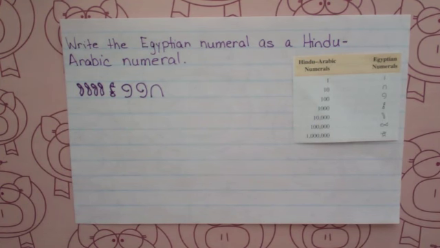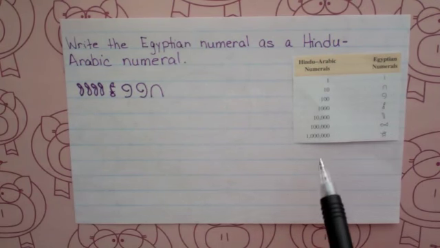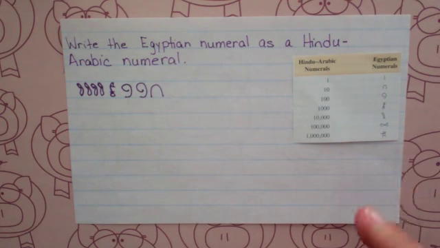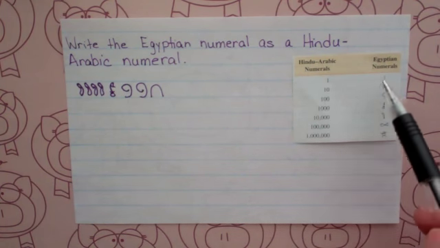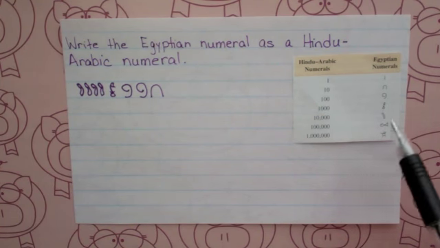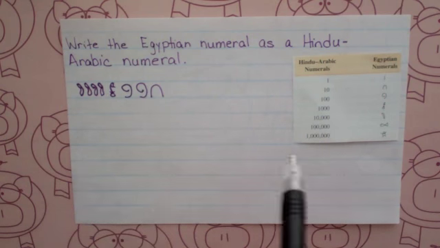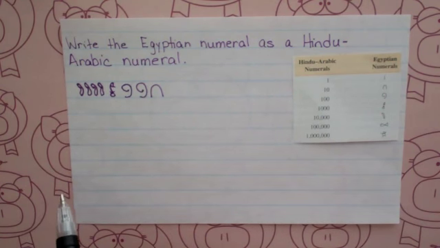There's a little chart in your book that has what each symbol means. All these little guys have names. You don't have to memorize the names, and you don't have to memorize this table. This table will always be given to you. So you'll just have to know how to take these symbols and convert to a number.